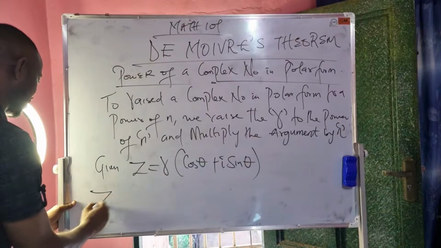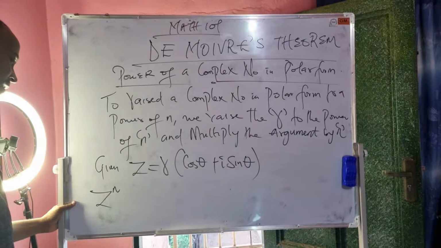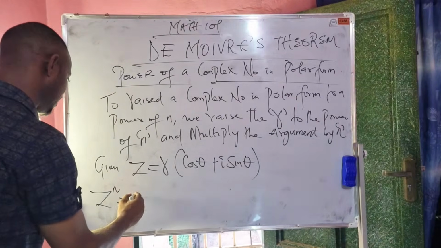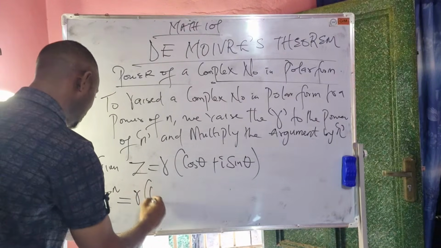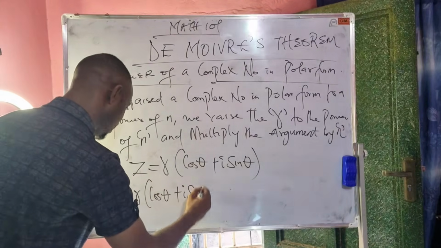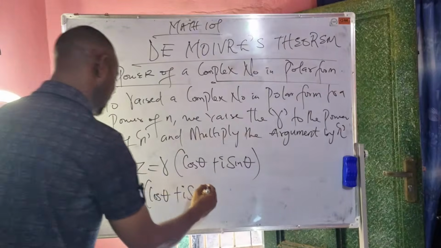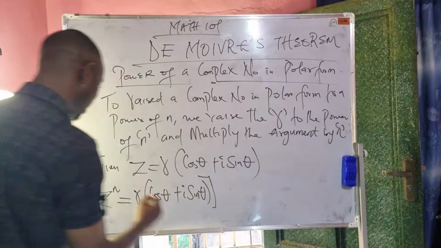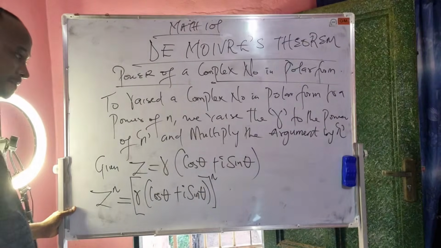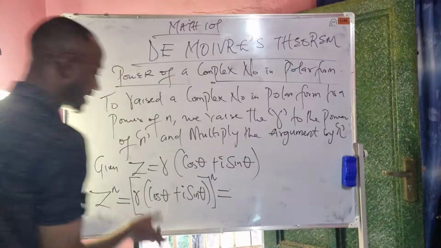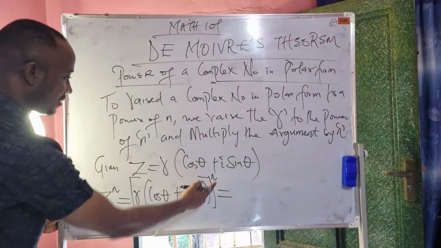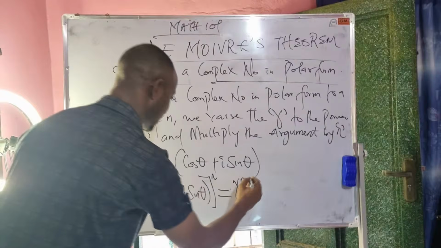What I'm saying is that if I raise my z to a power of n, the whole of this, r (cos theta + i sin theta), is raised to the power of n. De Moivre's theorem is now applied by raising this r to the power of n, so it becomes r to the power n.